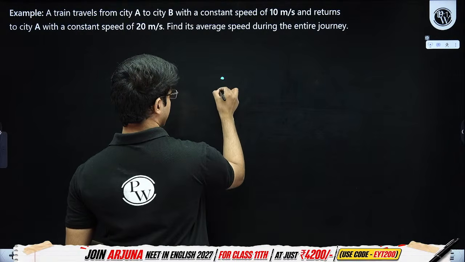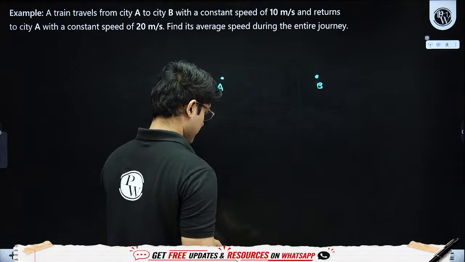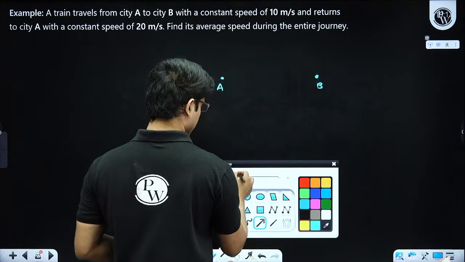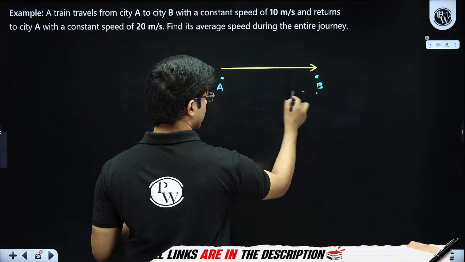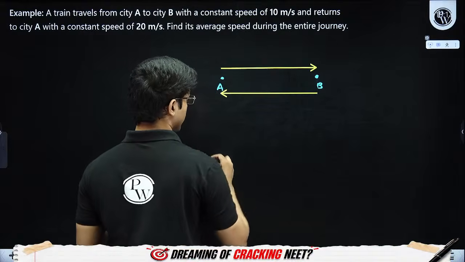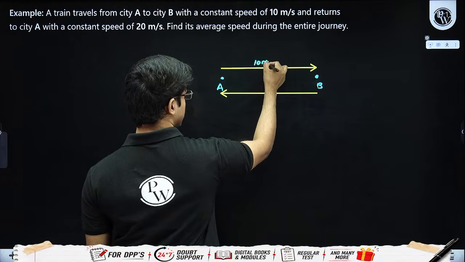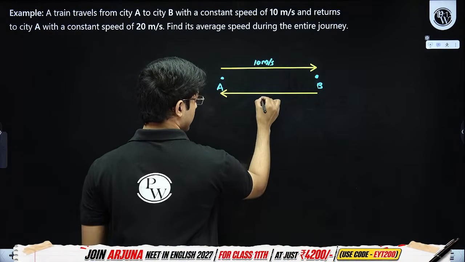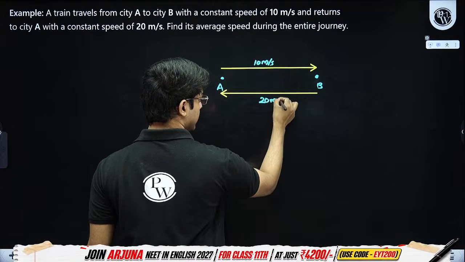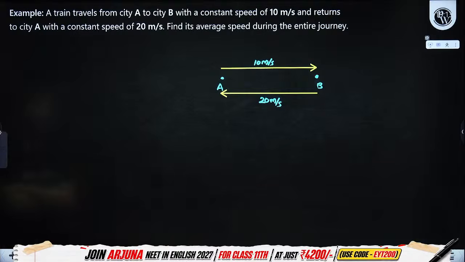So in the first half of the journey, he goes from A to B, and in the second half of the journey he comes back from B to A. From A to B his constant speed was 10 meters per second, and from B to A the speed is 20 meters per second. Then the question is, what is the average speed?